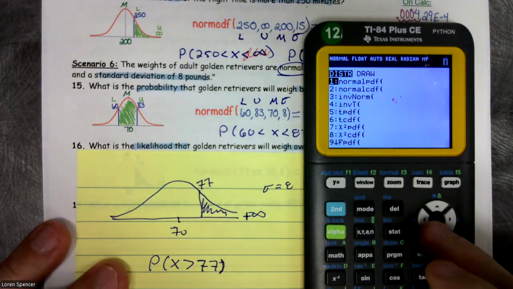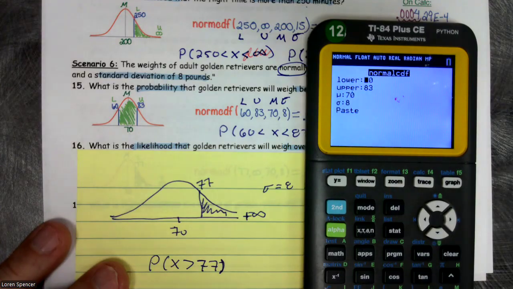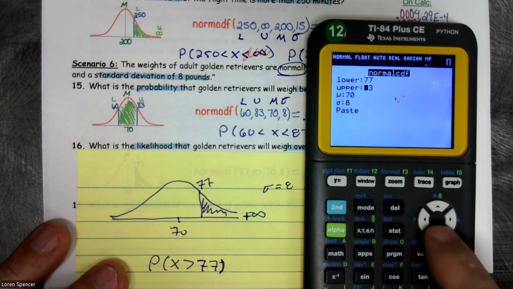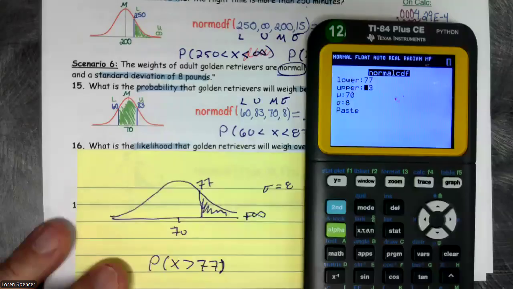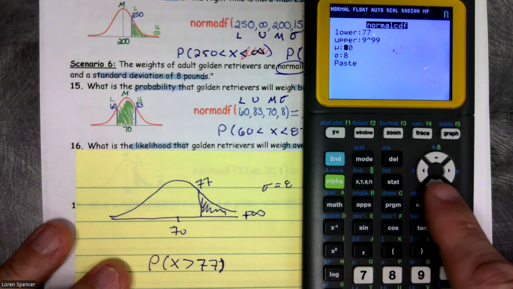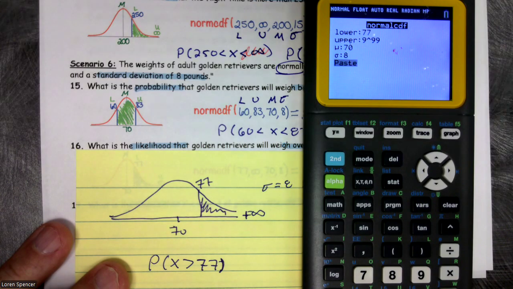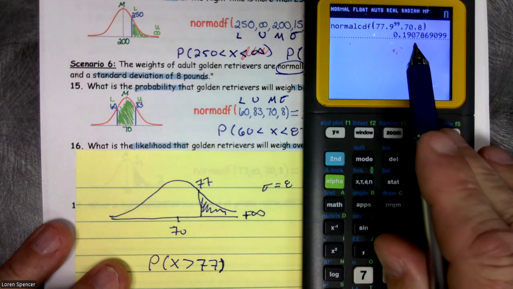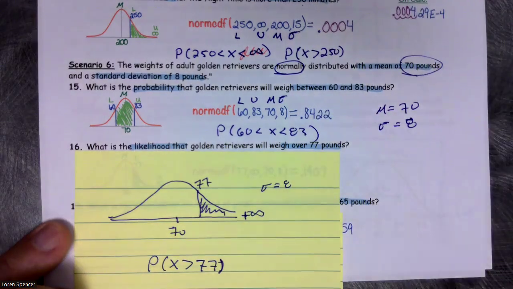So second vars, norm CDF, lower bound 77, upper bound infinity. We don't have the infinity button, so we use the 9 raised to the 99th. Mean is 70, standard deviation of 8. That didn't change. And we get 0.1907.